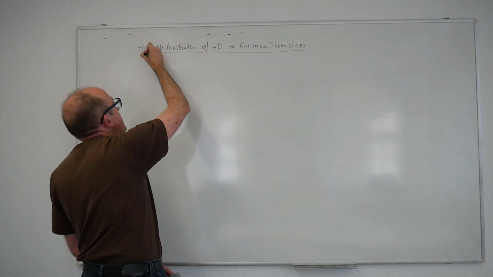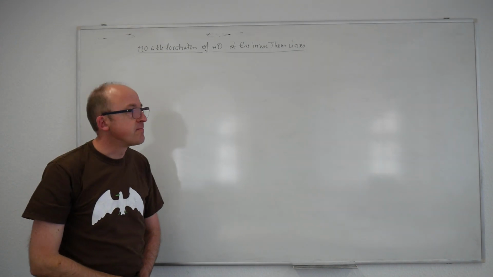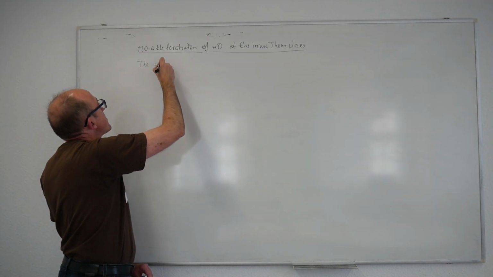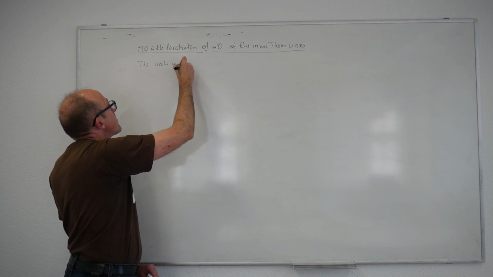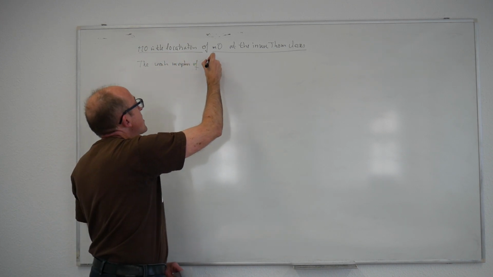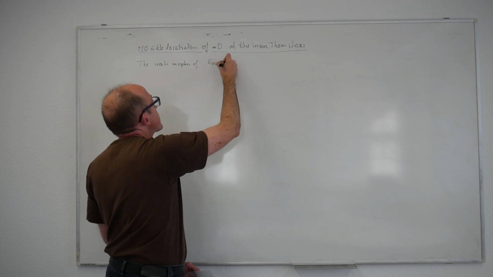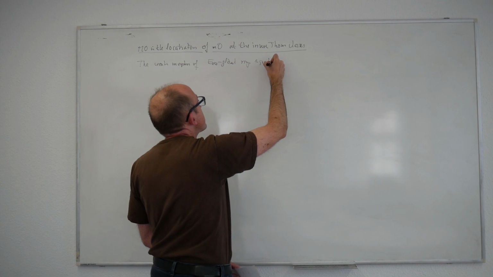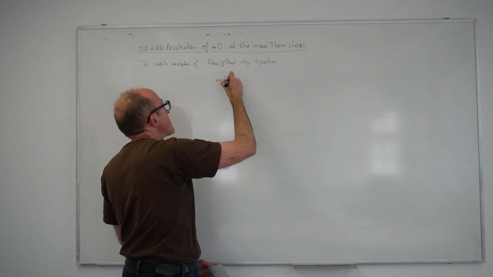So let me formulate a precise statement. First of all, we have this weak morphism of E∞ global ring spectra that I discussed on the last whiteboard.